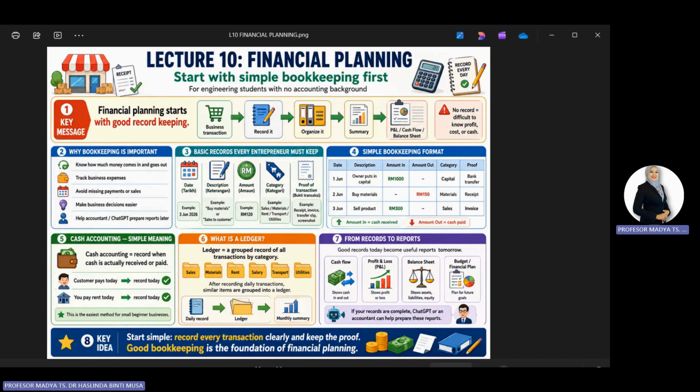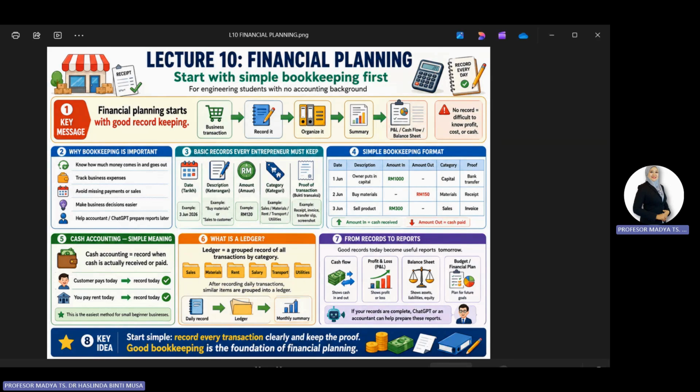Even if you use ChatGPT, third-party apps, or an accountant to prepare proper financial reports, the ones I shared in your slides, cash flow, the projected financial statement, the balance sheet, and so on, if you have this bookkeeping, you can easily generate those financial reports. But if you only say, I think I spent around 500 ringgit, that is not good enough, because business must be based on evidence, not just your memory.